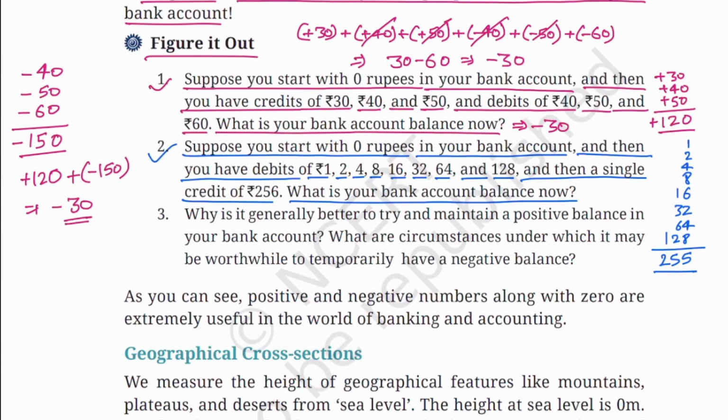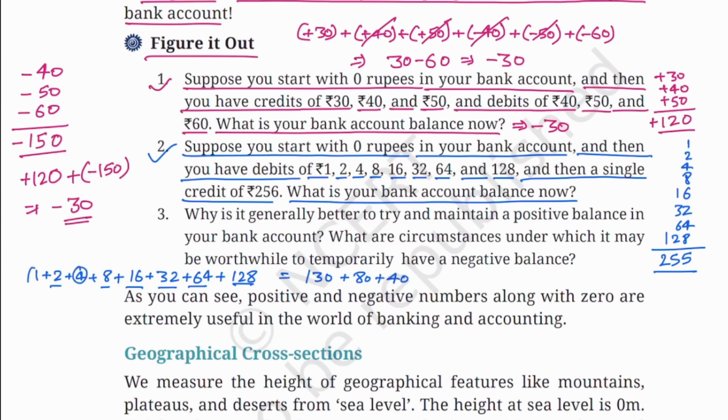There is another way of adding it. 1 plus 2 plus 4 plus 8 plus 16 plus 32 plus 64 plus 128. 128 plus 2 is equal to 130. 64 plus 16 is equal to 80. 32 plus 8 is equal to 40.